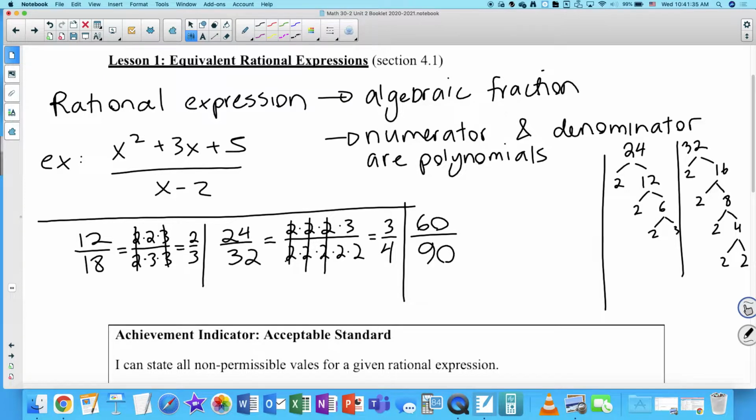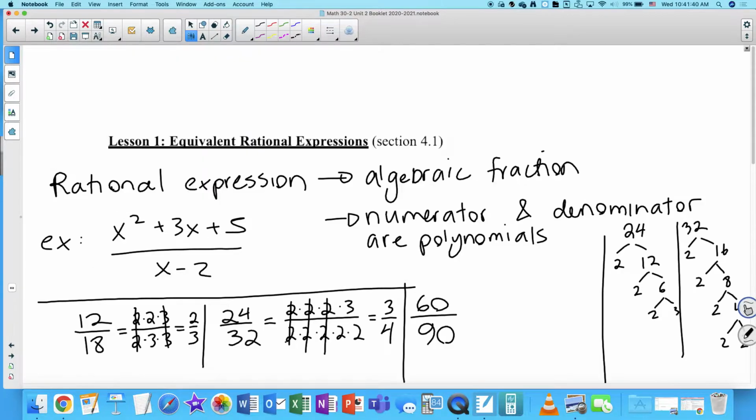Okay? And then 60 and 90, I really didn't leave myself a lot of space. I'll have to do the prime factorizations of those up here. So 60 is 2 times 30. My process for prime factorization is I start with 2s and exhaust that as much as I can. Then I try 3 and see if that works, and I exhaust that, etc. This is 2 times 15, and then 15 is 3 times 5.